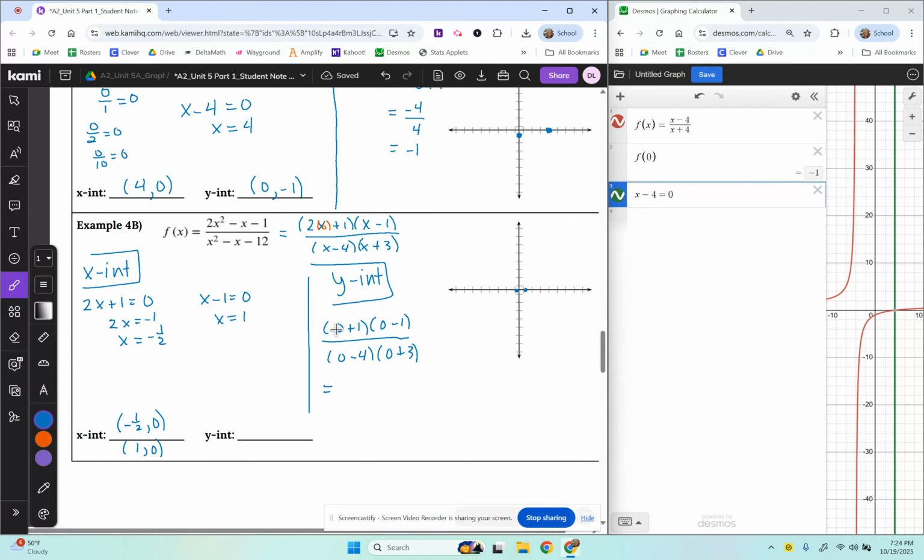Okay, and then we can simplify. So 0 plus 1 is 1, and 0 minus 1 is -1. 0 minus 4 is -4, and 0 plus 3 is 3. And then 1 times -1 is -1, and -4 times 3 is -12.